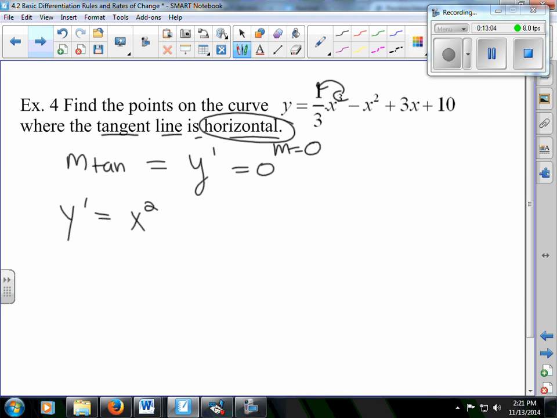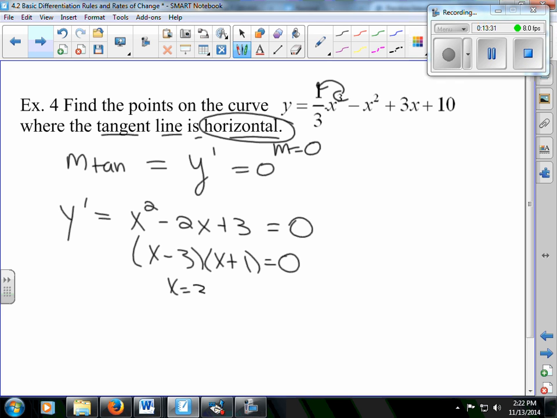And I'll get x squared minus 2x plus 3, and then the derivative of 10 is 0. So this is my derivative, which tells me the slope at any tangent line. I want to know when the slope of the tangent line is 0. So I set this equal to 0 and solve. I'll have to do that by factoring. And I get x equals 3, and I get x equals negative 1. I have two solutions. Find the points on the curve.